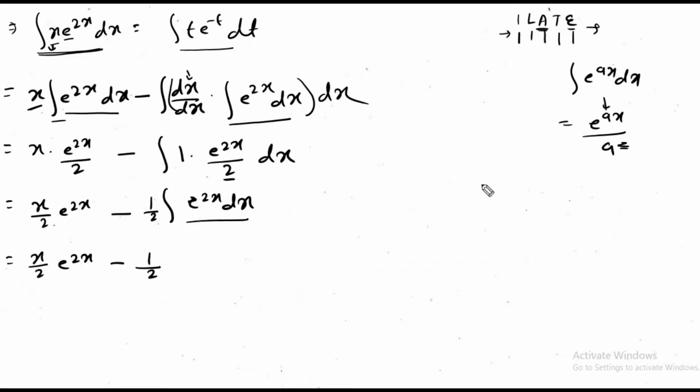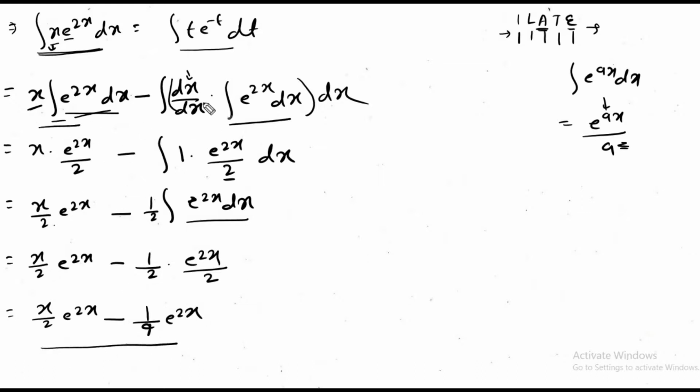This integration is of this type, so we can write e to the power 2x upon 2. So x upon 2 e to the power 2x minus 1 by 4 e to the power 2x. This is the solution of the left side, and similarly we can solve the right side equation.